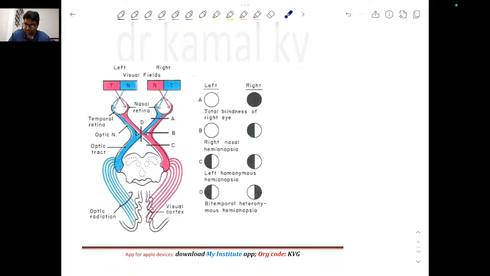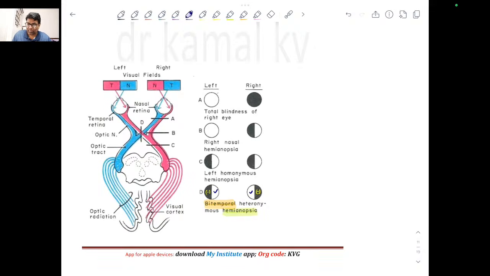Okay, so bitemporal hemianopia, right? So we can see this is no vision here, no vision, and this is vision present. So only the nasal field the patient will be able to see from both the eyes. In both the eyes, the lateral field vision, that is the temporal field vision, will not be there.